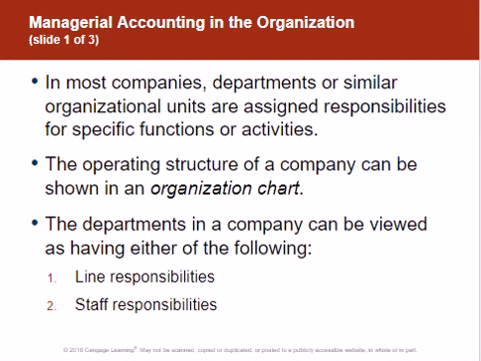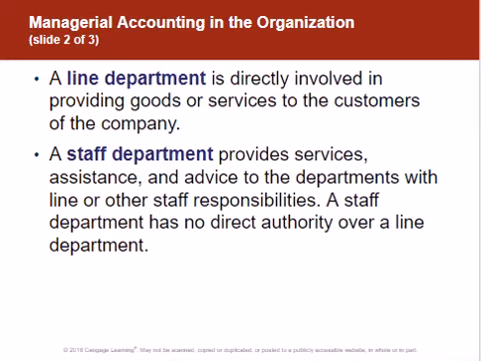They can have line responsibilities or staff responsibilities. A line department is directly involved in providing goods or services to the customers of the company. A staff department provides services, assistance, and advice to the departments with line or staff responsibilities. A staff department has no direct authority over a line department.